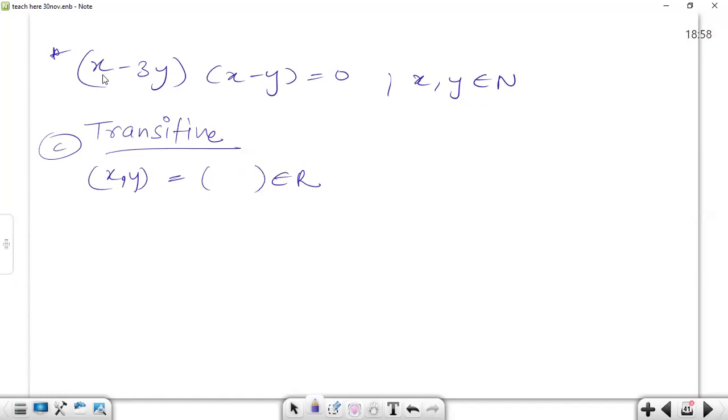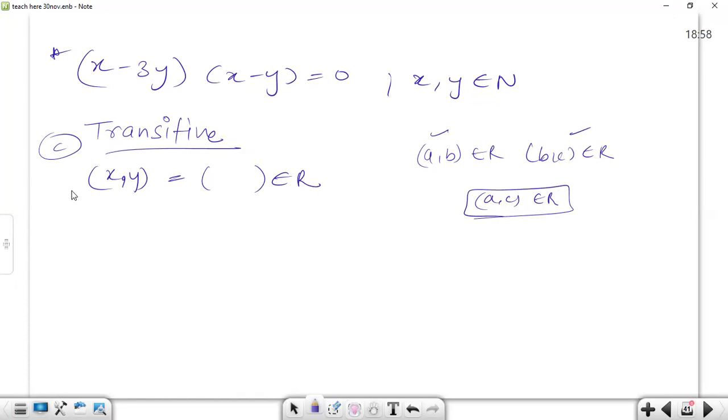Let's take x as some value, and then we have to find out (a, b) and (b, c) belonging to the relation. Then we'll check for (a, c) belonging to the relation or not. This we have to check, and these two conditions we have to satisfy.